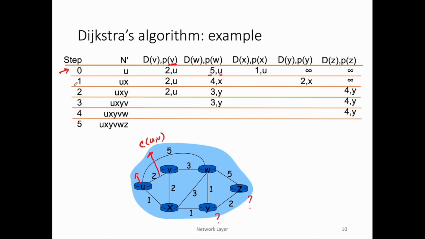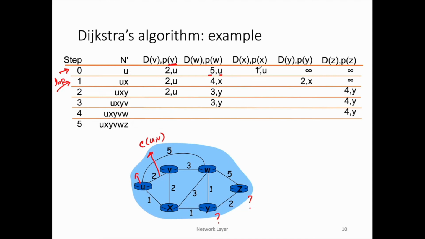Right. So then we enter this loop. This is our first iteration here, so we are in the loop of our algorithm. What we have to do in the first iteration is find a node such that the cost to reach from u to that node is minimum.